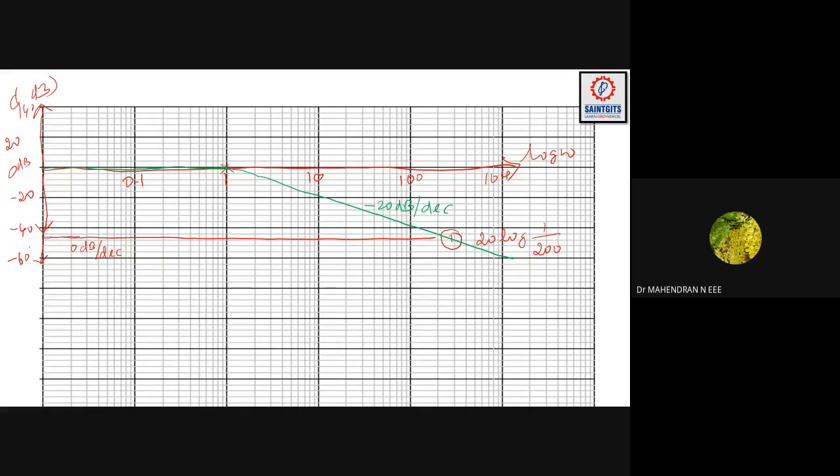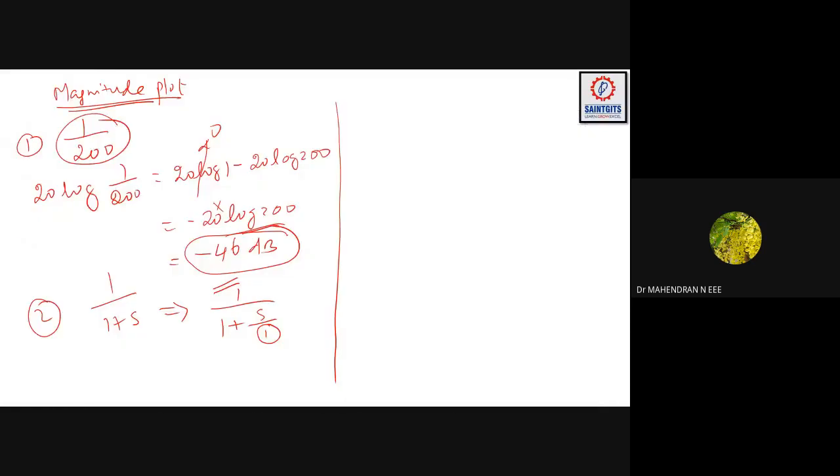Am I right? If s is dominating in 1 plus s divided by 1, then this will be equal to s, and the function will be 1 by s. This is nothing but integral action.